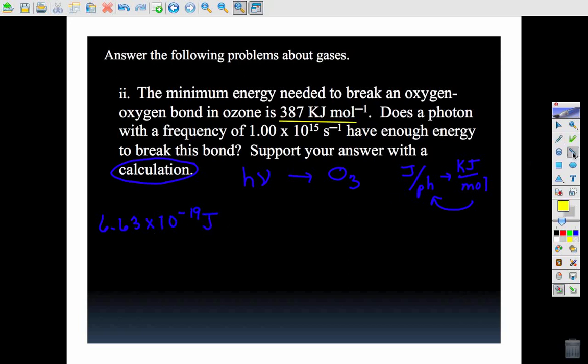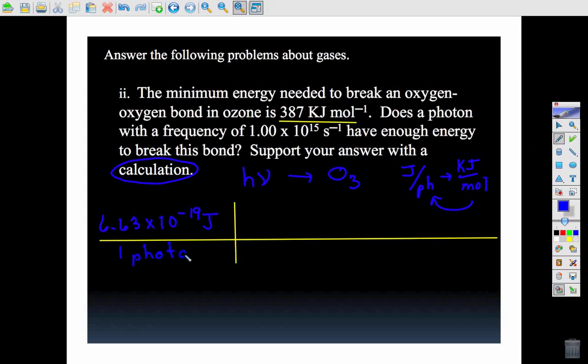And bear in mind, if you could not do the previous step, you can assume numbers in the following steps. So make use of that when needed. Joules per 1 photon. This is exactly like what we did before. We have 6.02 times 10 to the 23rd photons for every 1 mole. I skipped the 1 photon per bond. Hopefully you've got that. So now we've eliminated photons.